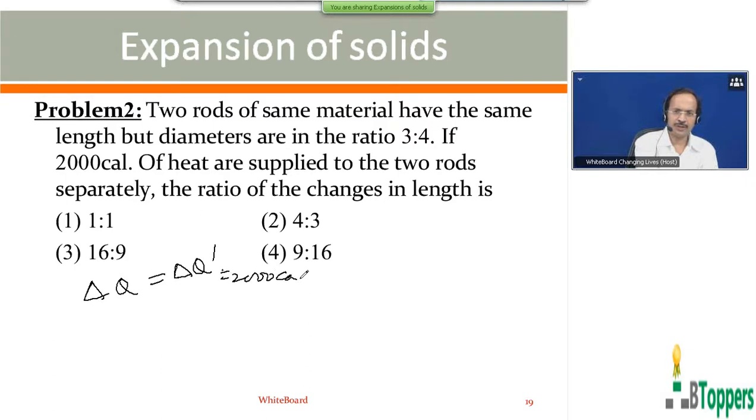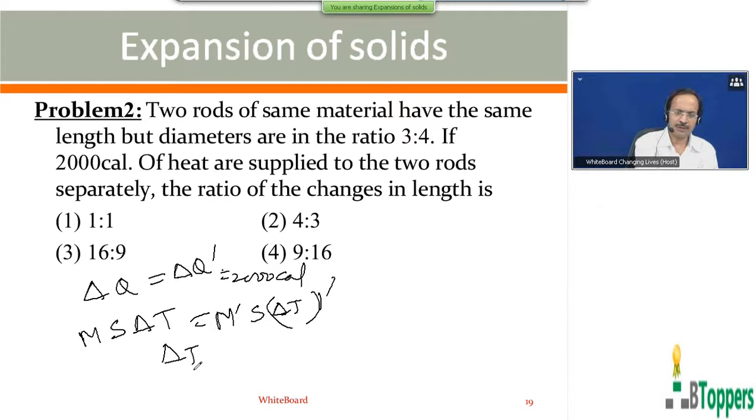That numerical value is not needed to answer. So delta Q for the first rod, you can write mass of the first rod M into specific heat into increase in temperature. For second rod, delta Q dash is equal to mass of second rod denoted by M dash, into specific heat and increase in temperature. Specific heat is same for both.